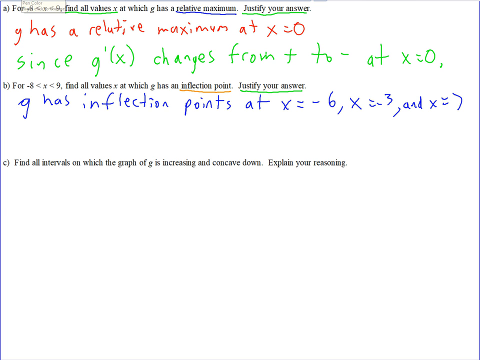And your justification would be since g double prime x changes sign, you could list them all, or you could just say at these points.